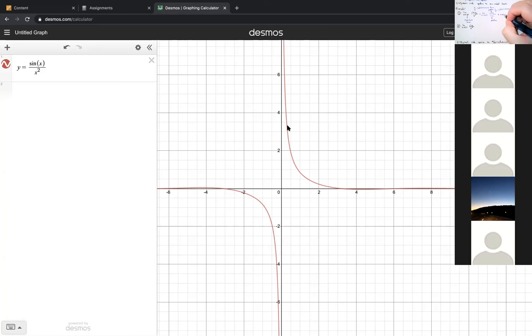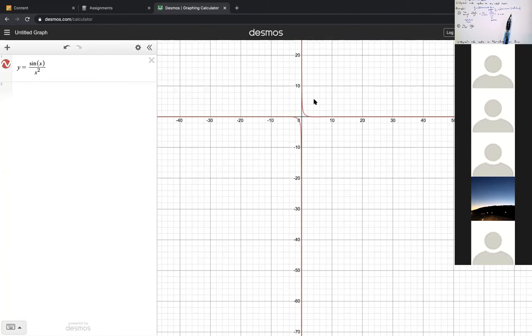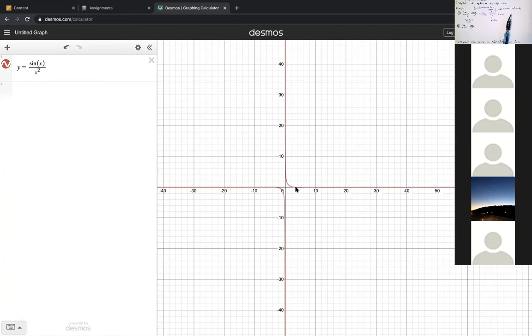And we can see that playing out on the graph visually. As we come in from the right, we get this vertical asymptote here. We can zoom out and see this function really just blows up, goes vertical.